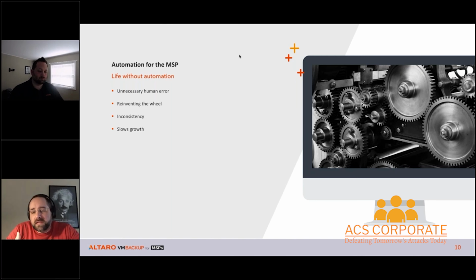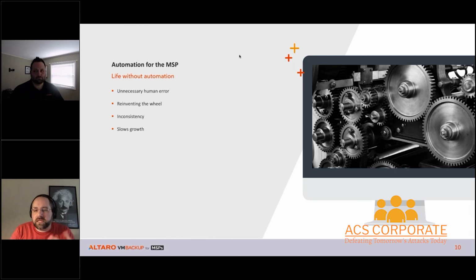And then finally, it slows growth. Automation is all about taking care of the mundane stuff that we humans don't want to do and that a computer can do. If we don't automate, it really slows growth, because we're having to use human intervention. We're having to hire more people and use the people we do have on tasks that they don't have to do.